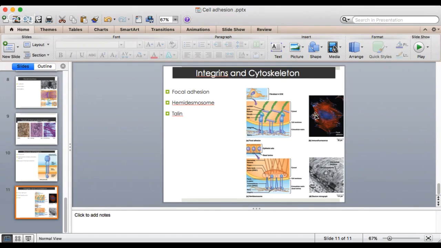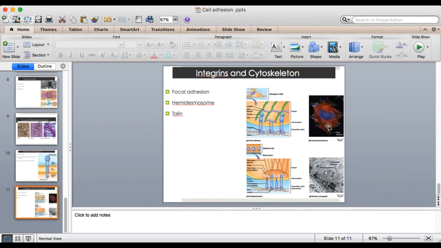Shown here in part B is an invasive human breast cancer cell that was stained for actin microfilaments, which can be shown right here in the red. And the blue shows the vinculin to indicate integrin attachment sites.